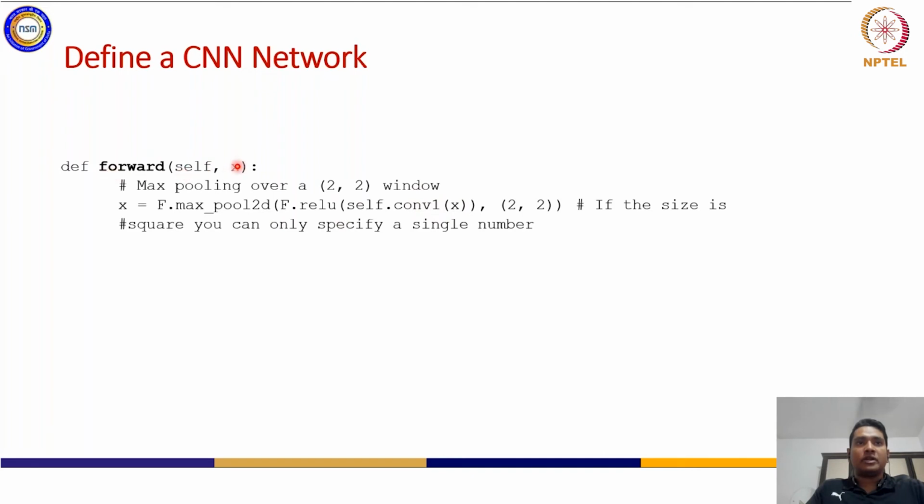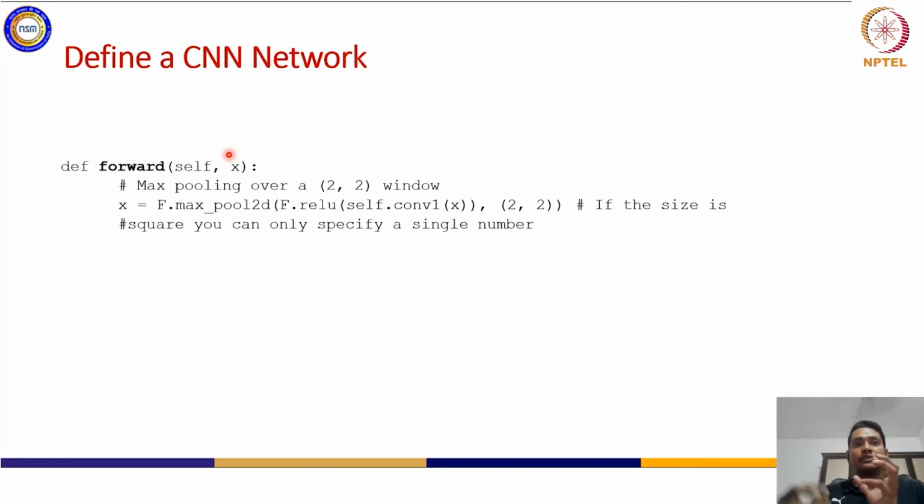Feed forward is taking the input tensor as X, which is the batch of images, batch of text, batch of audio signal, whatever data you are passing. Mostly we do batch processing, as I was mentioning several times before. So X is the batch input, and let's say you have 16 images in your batch. So let's say you have 16 into 1 into 32 by 32.